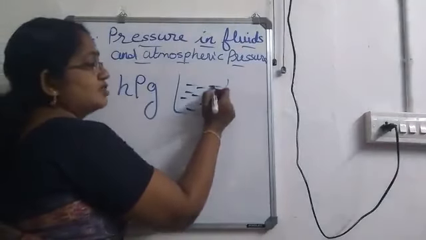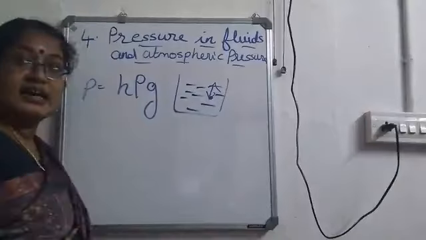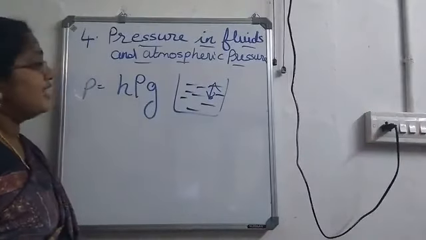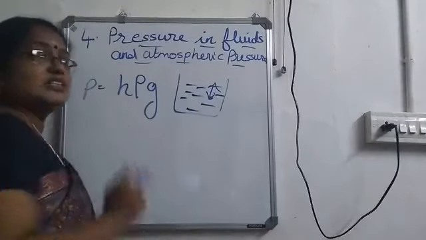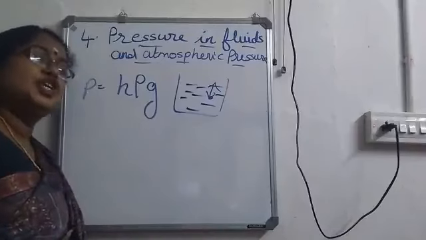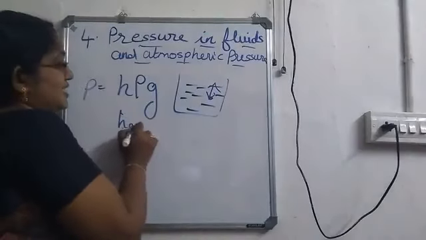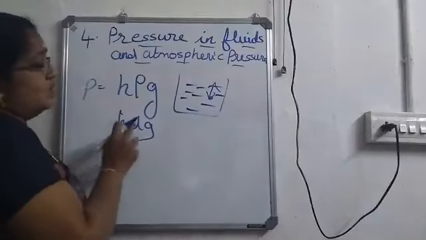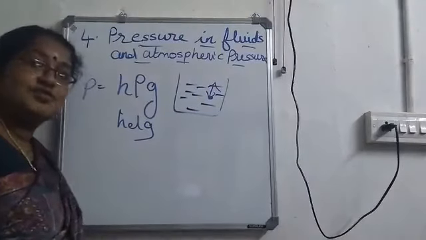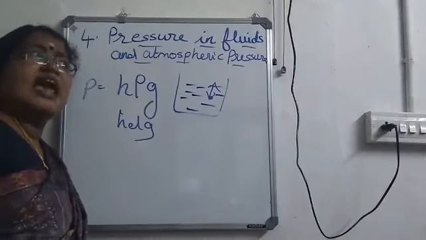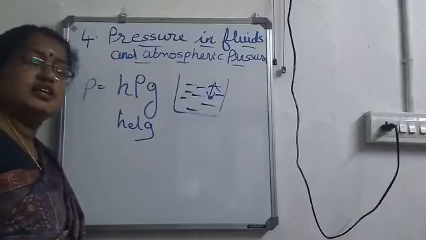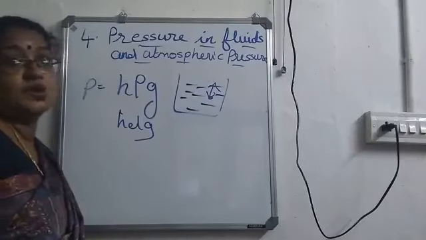So here if you are considering this point, this is the depth or the height. Then rho stands for density. If you say it as HdG, that is also correct, because d or rho stands for density of the liquid. And what is G? G is acceleration due to gravity.